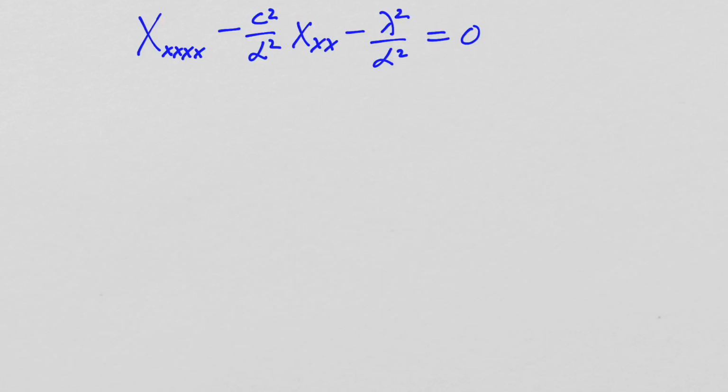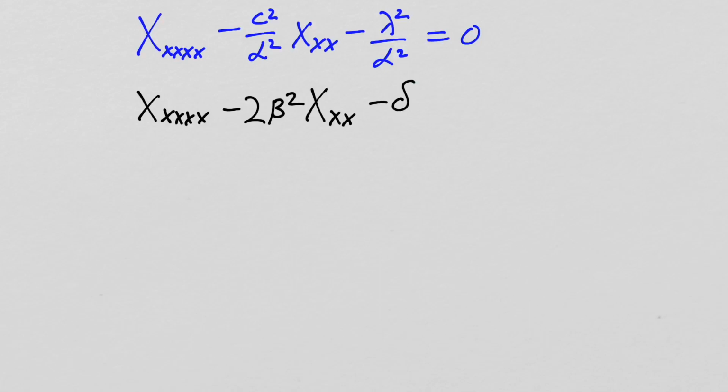Just because there's a lot of algebra here, we're going to simplify it by adjusting these constants a little bit. I'm going to simplify it to the fourth derivative of x, but then c squared over alpha squared, I'm going to call 2 beta squared, because there's a characteristic equation here with a quadratic equation solution, and if we have it as 2 beta squared, beta is going to come out pretty easy to handle.